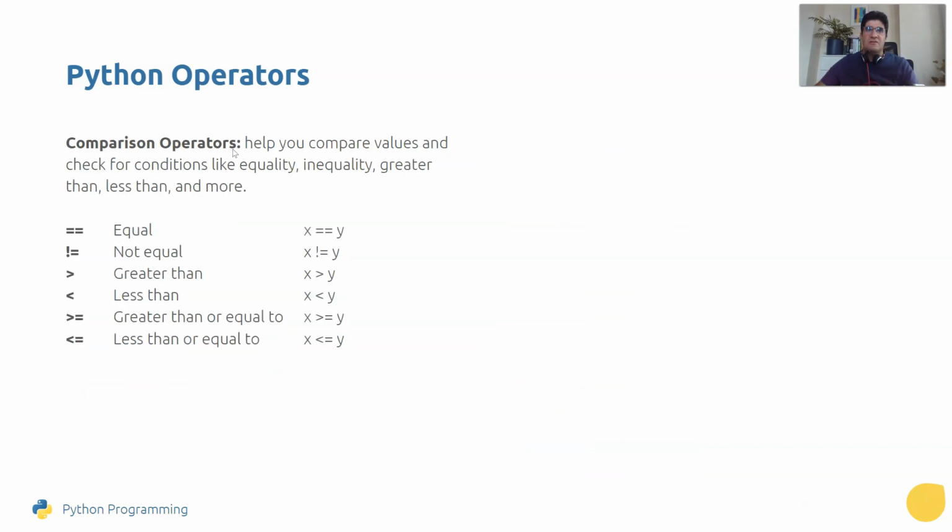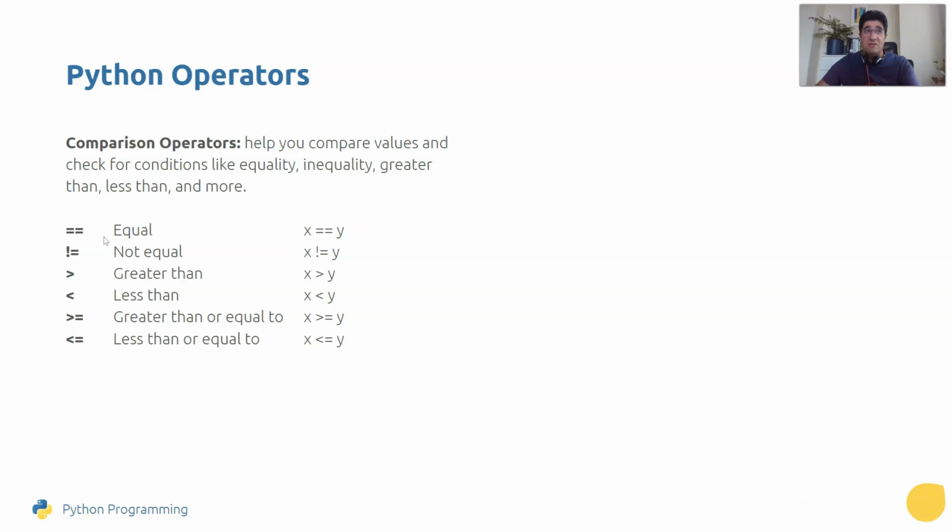Comparison operators. This is where we can use these operators to compare two values together. As you can see, they help us to compare values and check for conditions like equality, inequality, greater than or smaller than. Be careful about the first one. The first one is double equal, which we call equal.